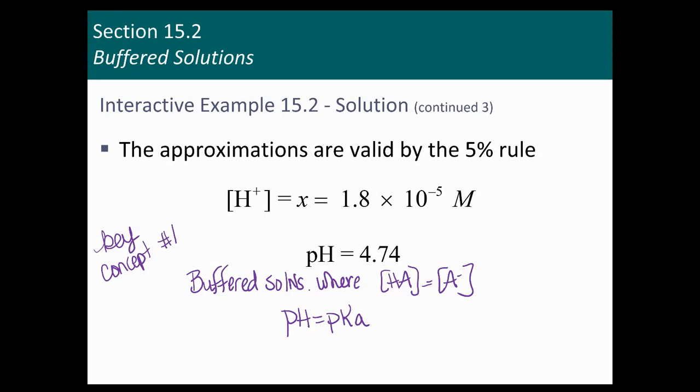And if you have been working on your lab, we explored this concept in there as well. So buffered solutions where HA equals A minus, pH equals pKa.